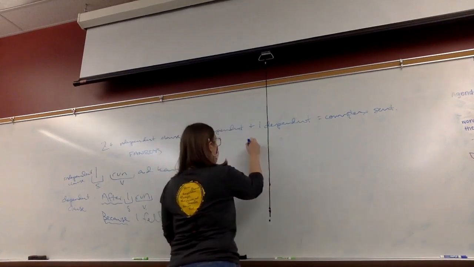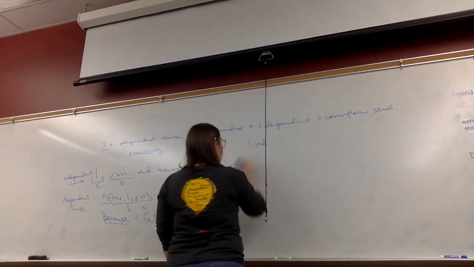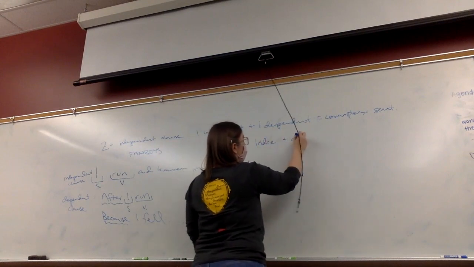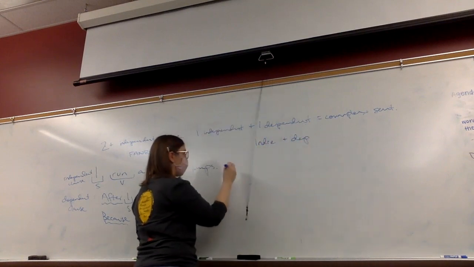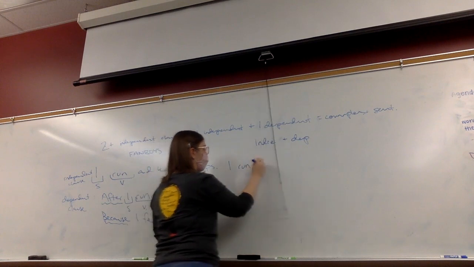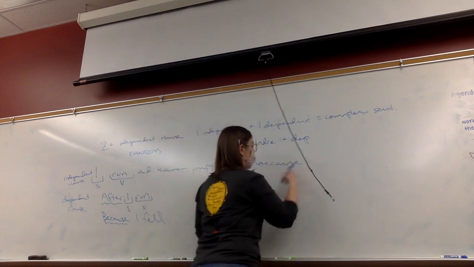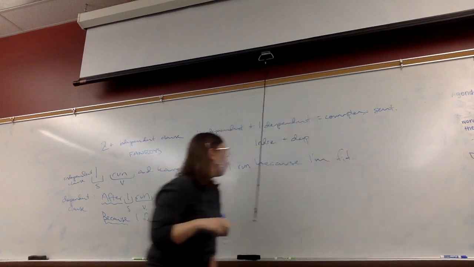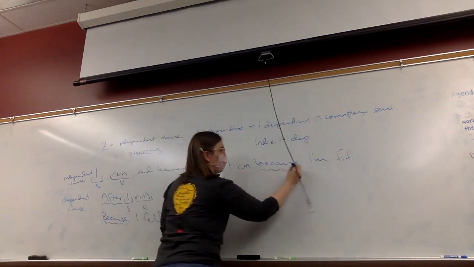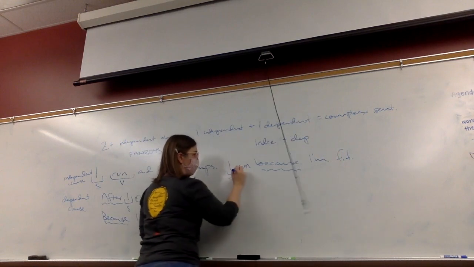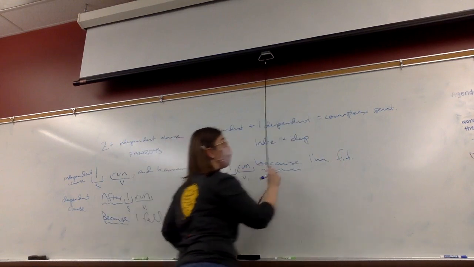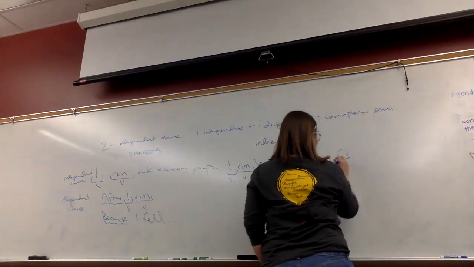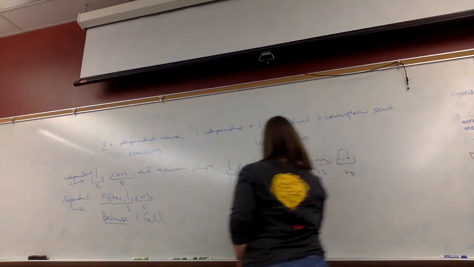So let's say it's 1 independent clause, then a dependent clause. Something like I run because I'm fit. There we go. This is the dependent marker word. We've got subject 1, verb 1, subject 2, verb 2.